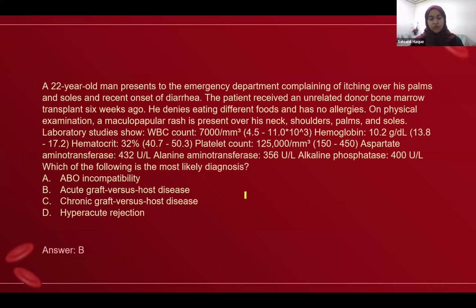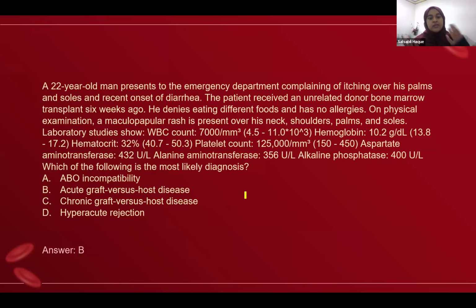So to determine graft versus host disease, I know it's not explained in detail in the lecture or even mentioned at all, actually. It's in the PBL, I believe. So graft versus host disease is when you have skin issues, liver issues, and GI issues after a few weeks of transplant.